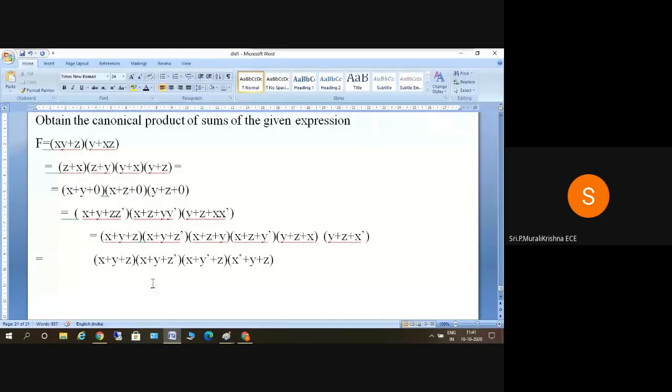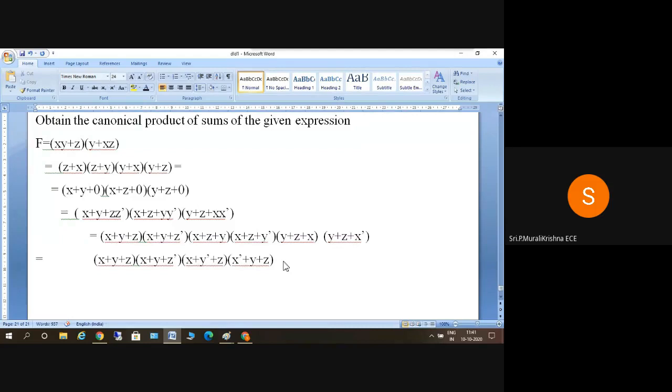Clear? So any repeated terms? We have 3 repeated terms of x plus y plus z. So 3 repeated terms are removed, and this is the result here.